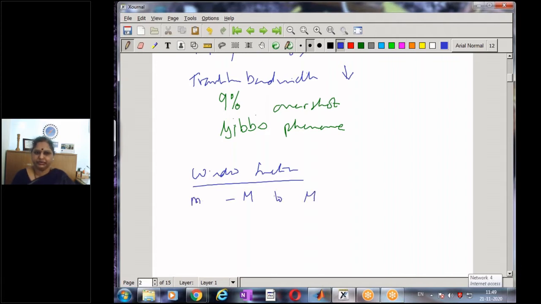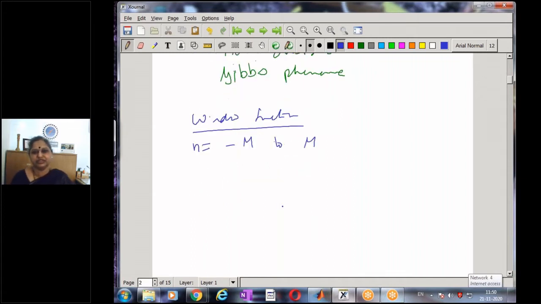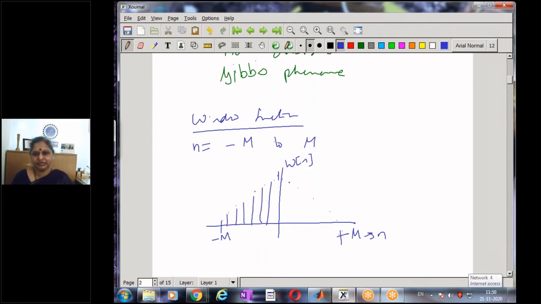But typical window functions are such that their strength increases as we move towards the origin, and then it tapers down as we move away from the origin.